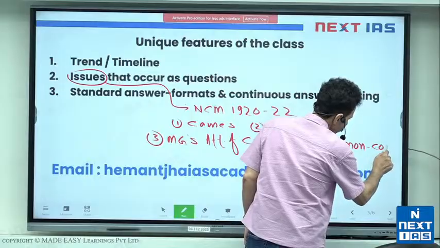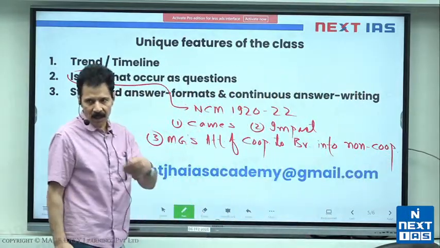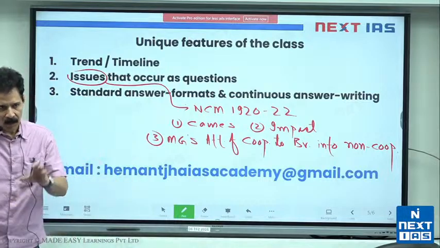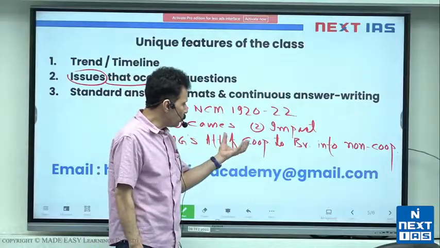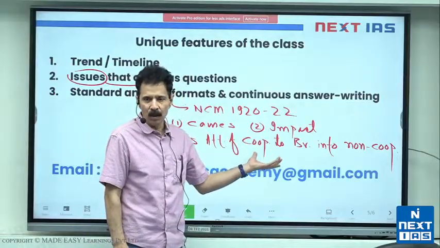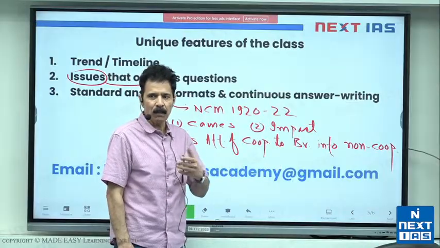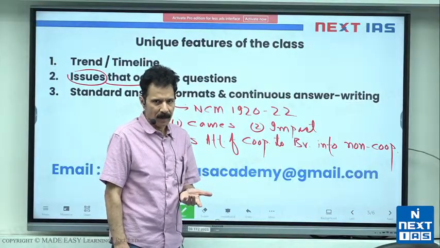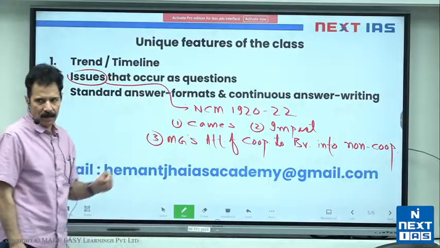I'm writing in short, okay? You must be knowing non-cooperation movement began under the leadership of Mahatma Gandhi. Now one issue is how Mahatma Gandhi's attitude of responsive cooperation to British rule got converted into non-cooperation. How do you explain this? This is one issue that could occur as a question.